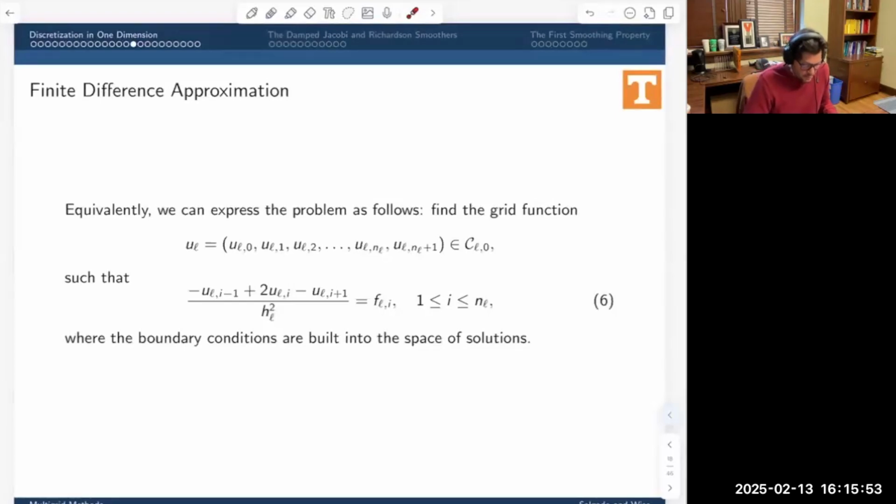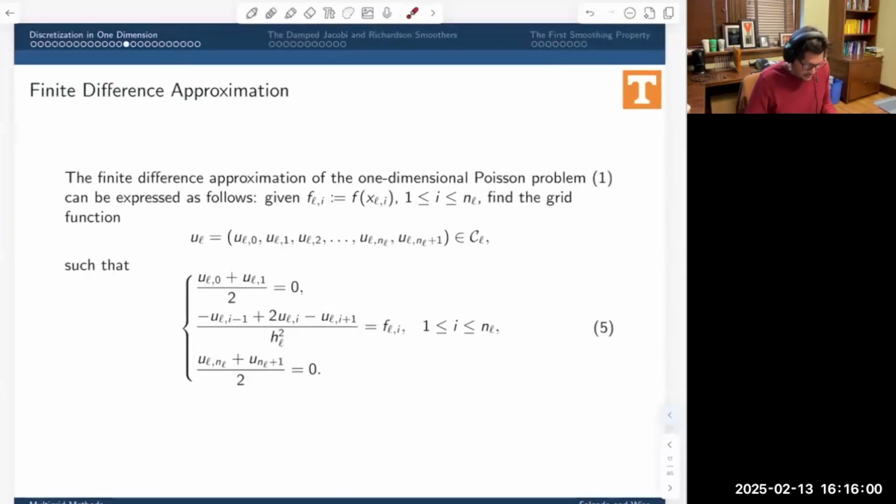Well, what I'm going to do is look for, let's see, yeah, here's the slide I want to land on. I want to look for a grid function from C_L. Remember, C_L means grid functions that actually contain the ghost cells, or have values at the ghost cells which are independent degrees of freedom. And I'm going to eliminate those as degrees of freedom through the choice of what I call boundary conditions in just a second.